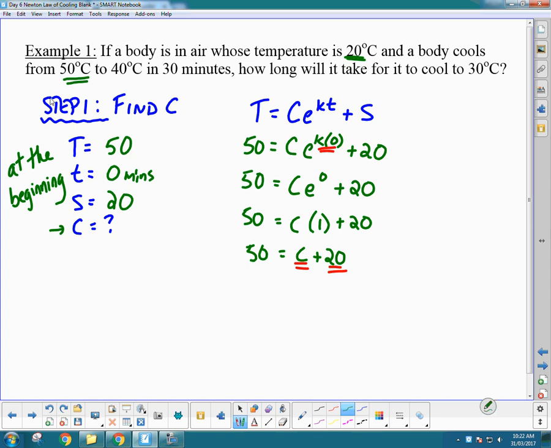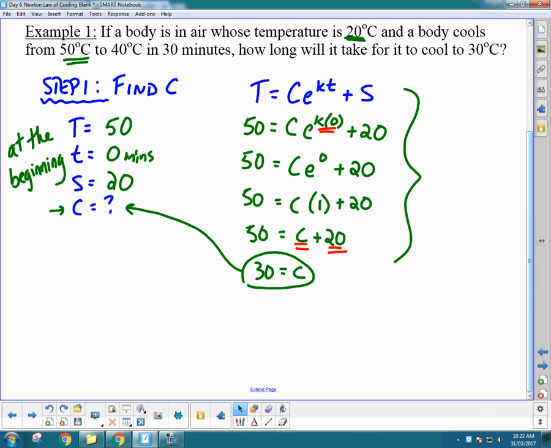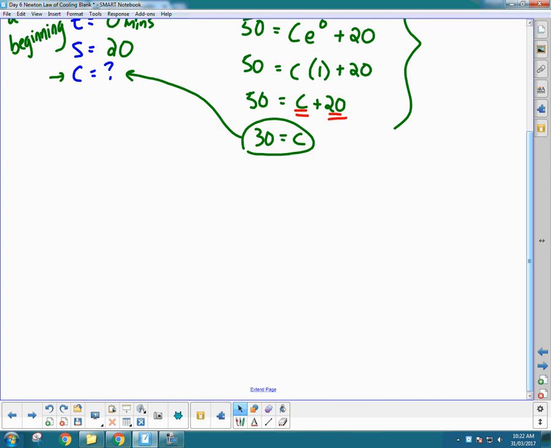So it's obvious that C is 30, and that goes into this part of the formula. Even though we can use logic to say that if it starts at 50 and 20 is the outside temperature, the actual C value is 30, I'd like us to see why that happens, and I'd like you to do these steps. That's an initial step, which is different than the questions we did yesterday, but from here on it's exactly the same.